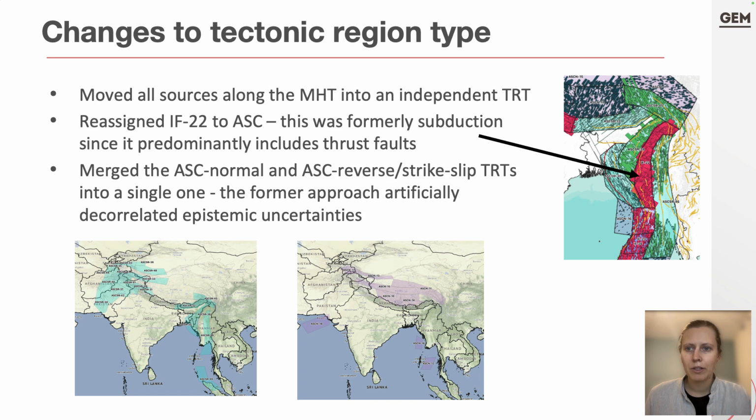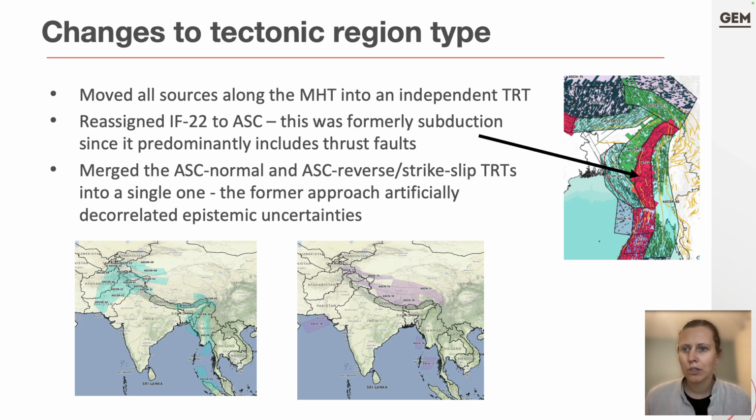We also reassigned one of the larger area sources in the eastern part of the model that was labeled as subduction because it predominantly included thrust faults. However, we changed this to an active shallow crustal domain since it doesn't actually occupy a contact between two plates.